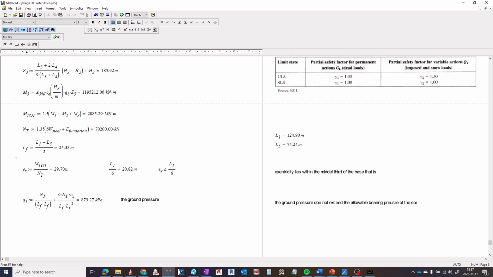So I put the values here and get a pressure on the ground of 879.27 kilopascals. So this is an approximation, but you see that the self-weight and the wind loads are influencing this structure and give a big pressure on the ground.